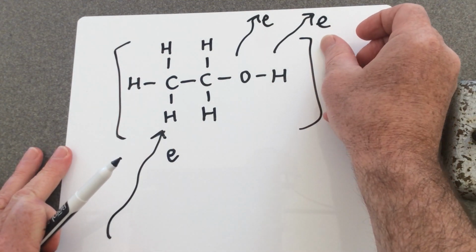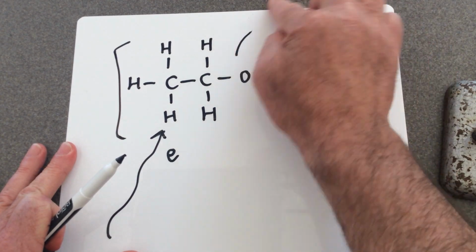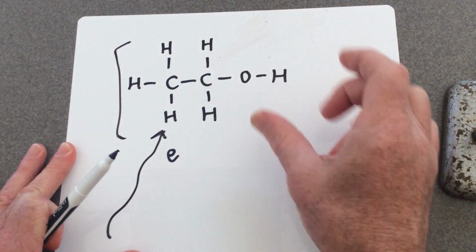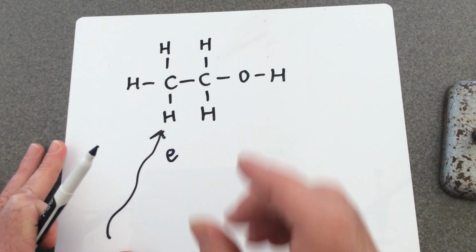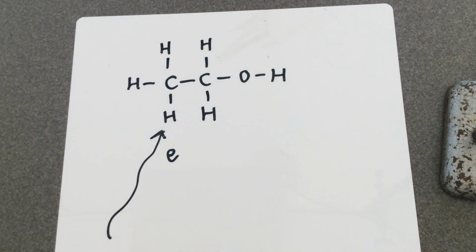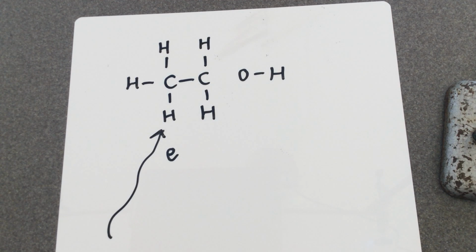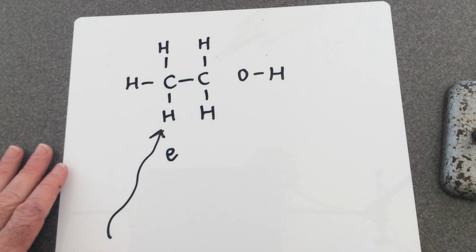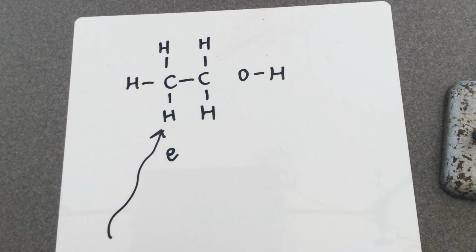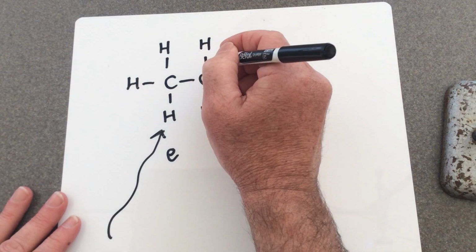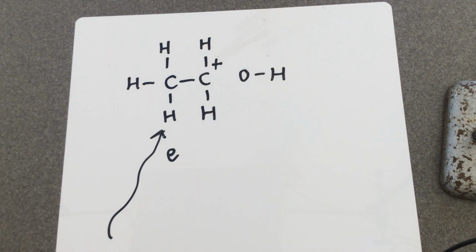The other thing that can happen, besides forming this molecular ion, is that the high energy electron can hit the molecule and break a bond. It doesn't have to be a specific bond, it could be one of several bonds. And then the molecule breaks into two pieces, and one of those pieces will have a positive charge on it.